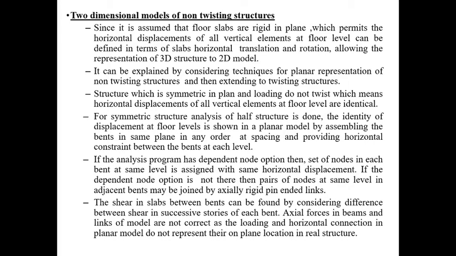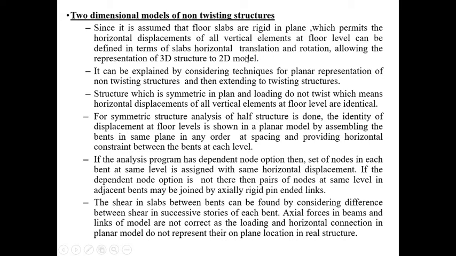The next reduction technique we shall see is the two-dimensional models of non-twisting structures. In this, as we have seen in the previous one, we assume that the floor slabs are rigid in plane, which will permit horizontal displacement of the vertical elements at each floor level, and they can be defined in terms of the slab's horizontal translation and rotation.